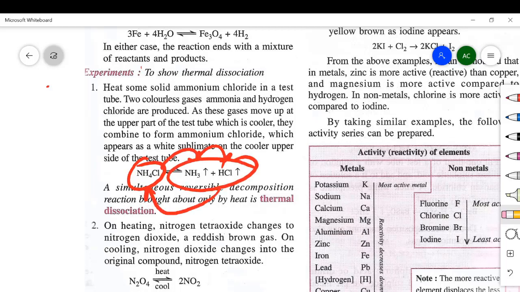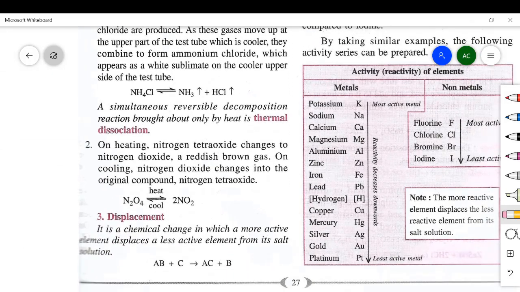So it is simultaneous, happening together. Reversible decomposition which is brought about by heat is known as thermal dissociation. Again, another example, we'll see nitrogen tetroxide changes into nitrogen dioxide, that is a reddish brown gas. And on cooling, this nitrogen dioxide changes into the original compound, that is nitrogen tetroxide.